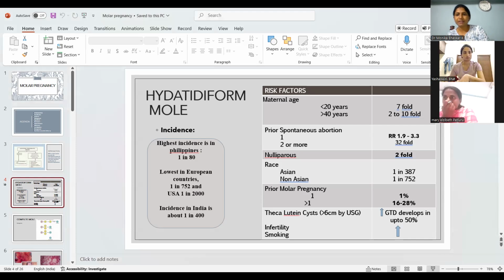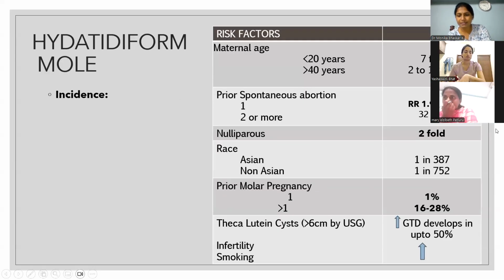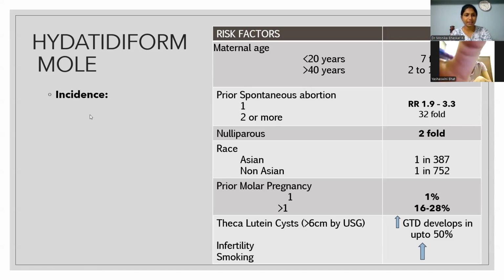Coming to the risk factors. The main risk factor is maternal age. Extremes of age group are at a higher risk of hydatidiform mole or a molar pregnancy. Why are extreme age groups at risk? Because of the oocytes.